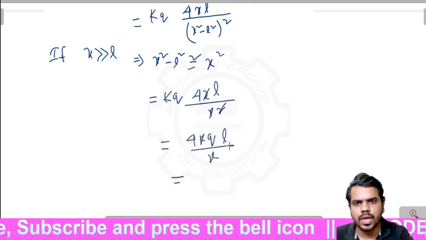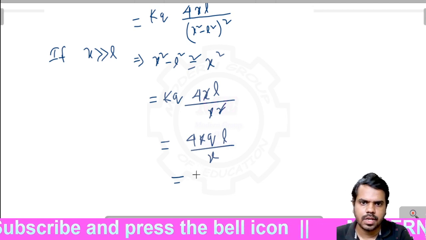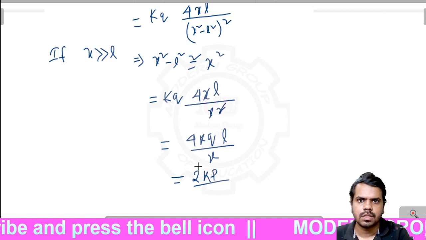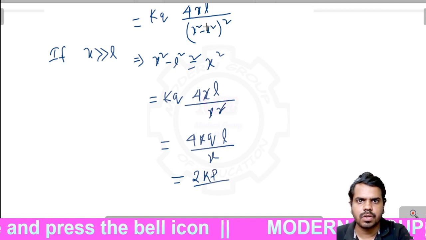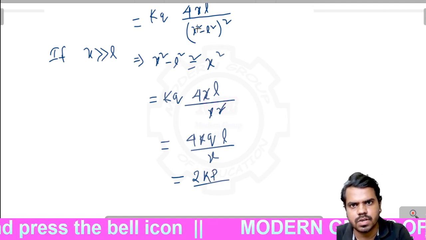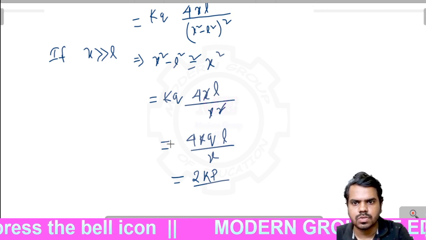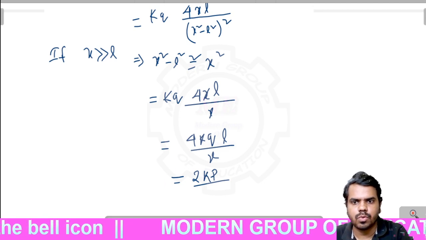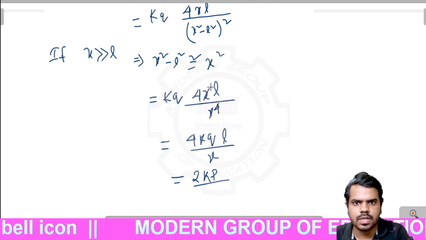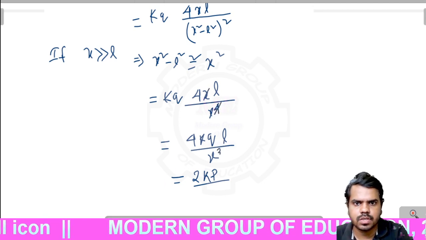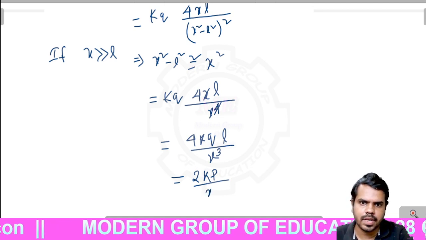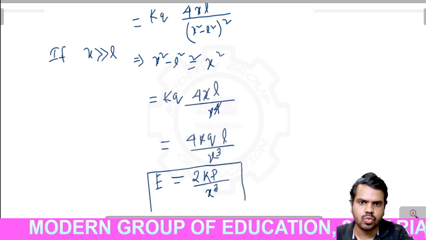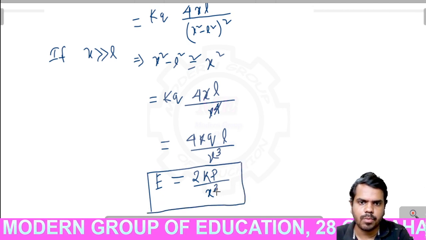Q into 2L covers P, and another 2 remains here, so 2kp by x cube. x square minus L square becomes x square, so the denominator is x to the power 4, and one x gets cancelled, so it will be x cube. So the electric field is 2kp by x cube.